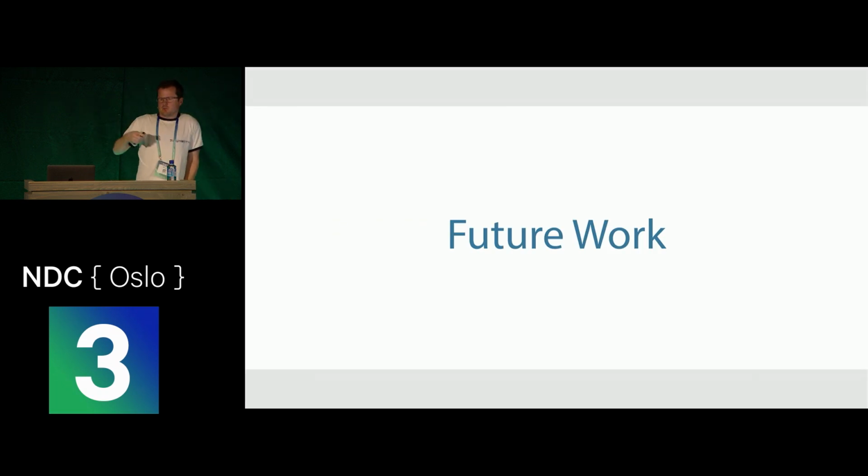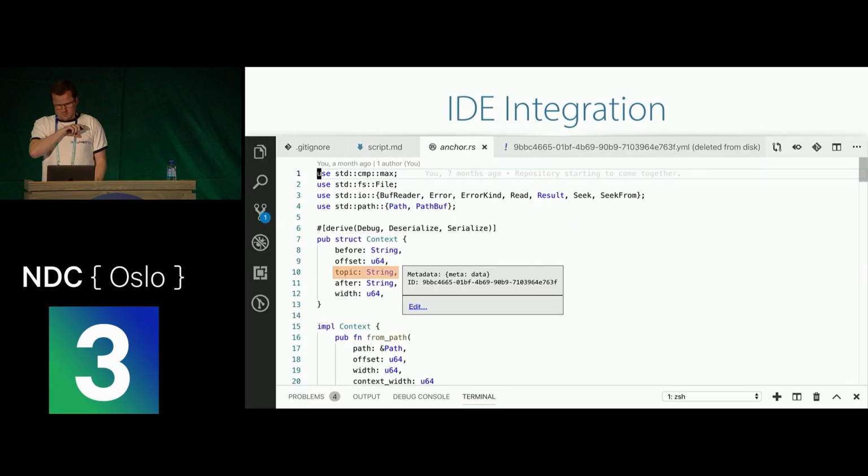There's quite a bit of work that I would love to do in Spore. And if anybody is feeling energetic and has time on their hands and wants to help, I would love to have your help. Some of the obvious things that Spore should do is integrate with an IDE. So this is a mock-up of integration with Visual Studio Code, and it'd be nice if you could turn on Spore mode and it could highlight bits of code and say, yeah, you've got a tag, an anchor there, and you can edit that anchor if you click on this button.